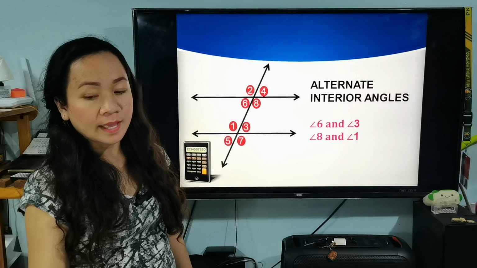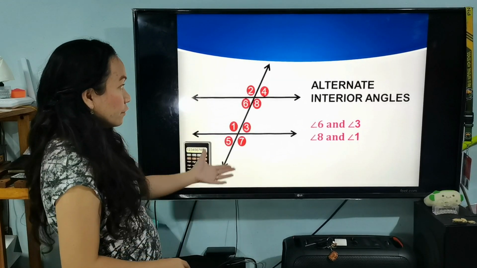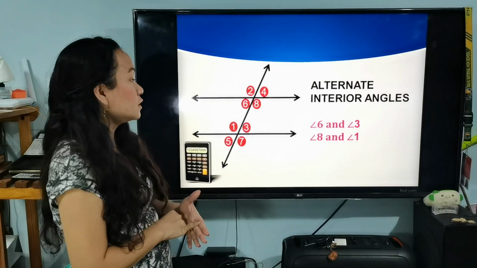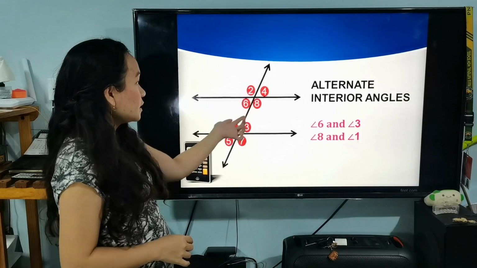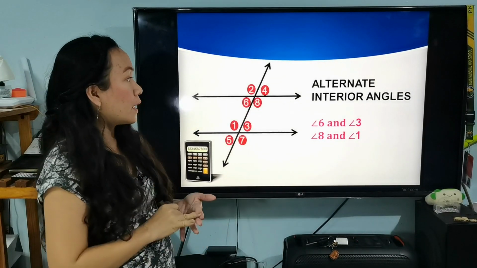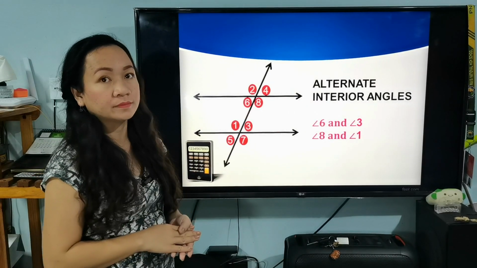Next, how about alternate interior angles? Based on the figure, one pair of alternate interior angles is angle 6 and angle 3. The second pair is angle 8 and angle 1.